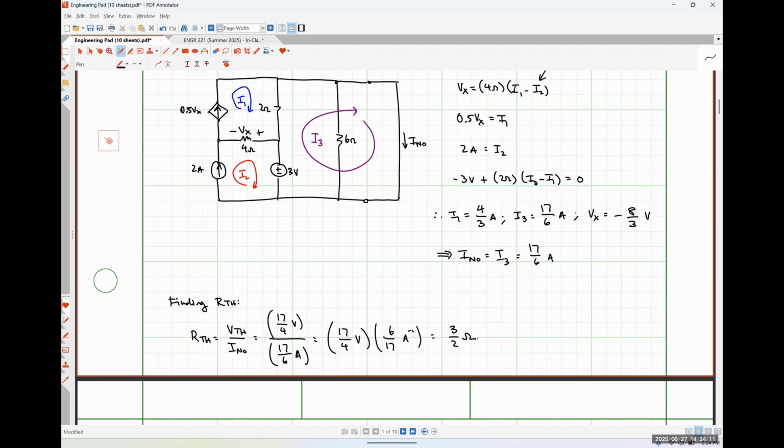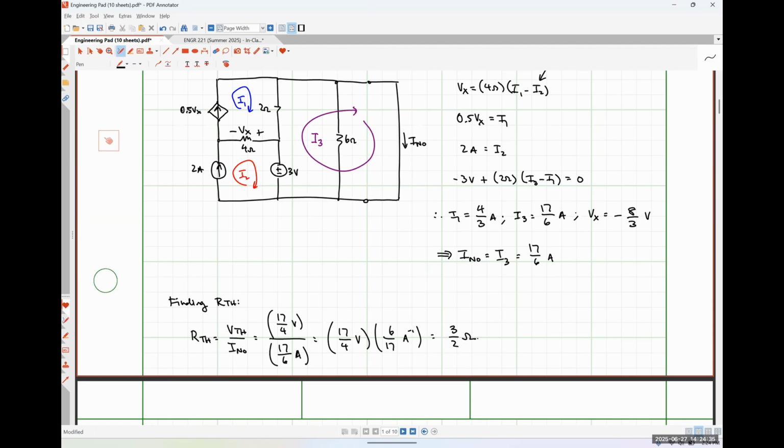So before we kind of expand on this, does anybody have any questions about what we did solving for I Norton, or how I used the Thevenin voltage and the Norton current in order to determine RTH? All right.